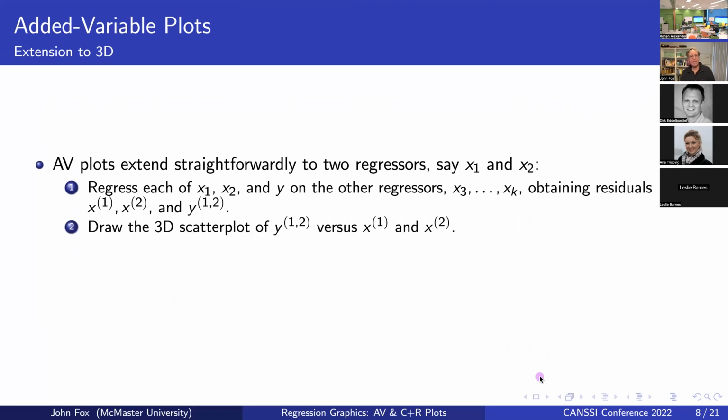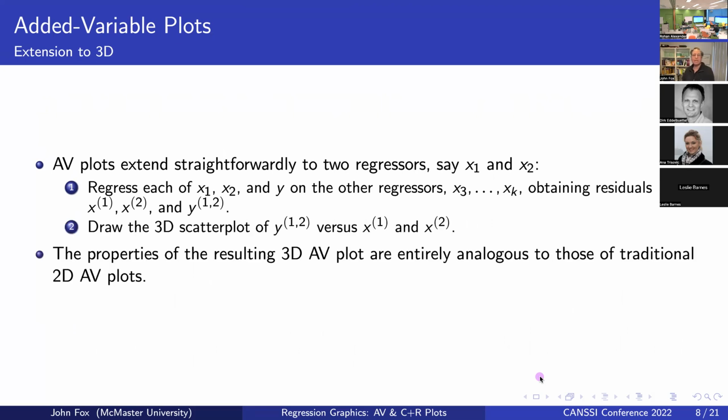We proceed in a similar manner, except that we regress each of two regressors, x1 and x2, along with y on all of the other regressors in the model, obtain residuals for all three, and draw a 3D scatter plot of the resulting residuals, with x1 and x2 on the horizontal axes and the y residuals on the vertical axis.